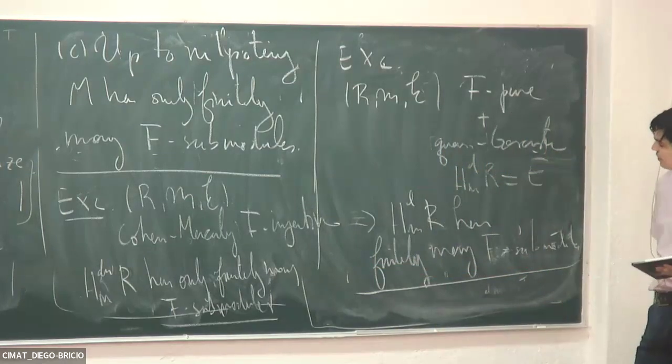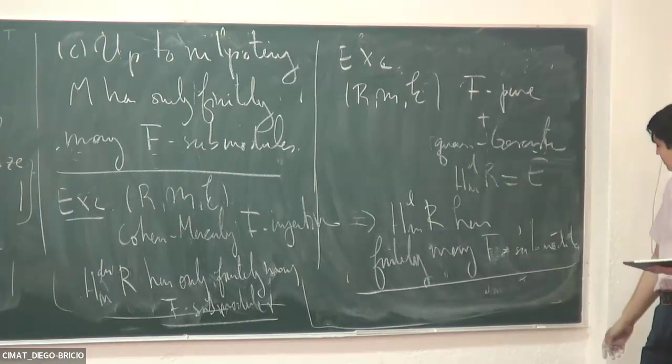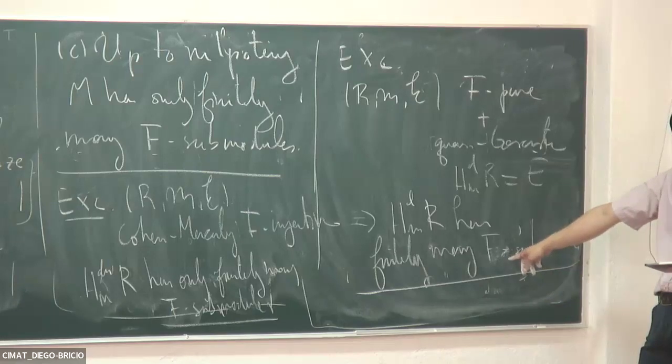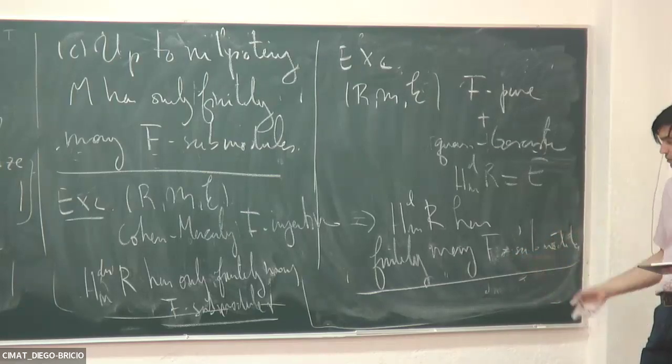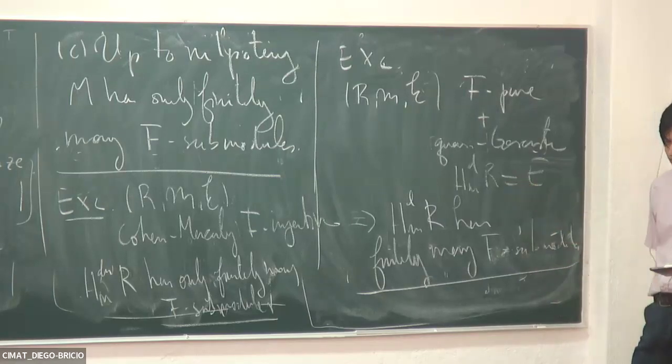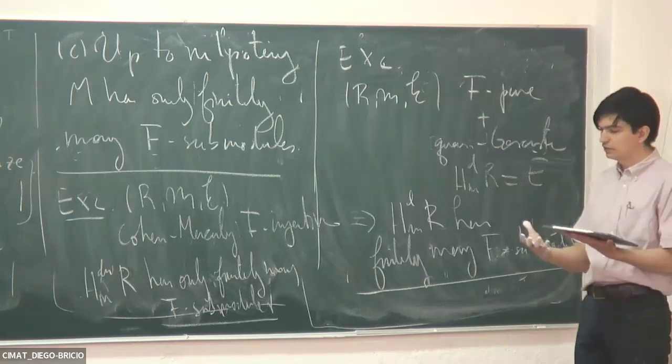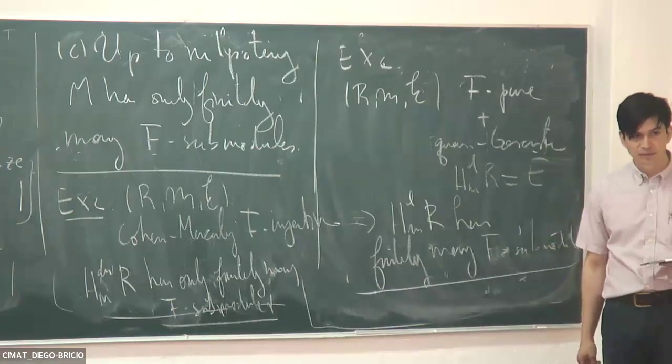And you see, local cohomology seems to be a very finite object when the Frobenius action is considered. They're huge, but if you use Frobenius, they start to look like finite things. And next time we're going to see how you can use this to prove that local cohomology has finitely many associated primes.